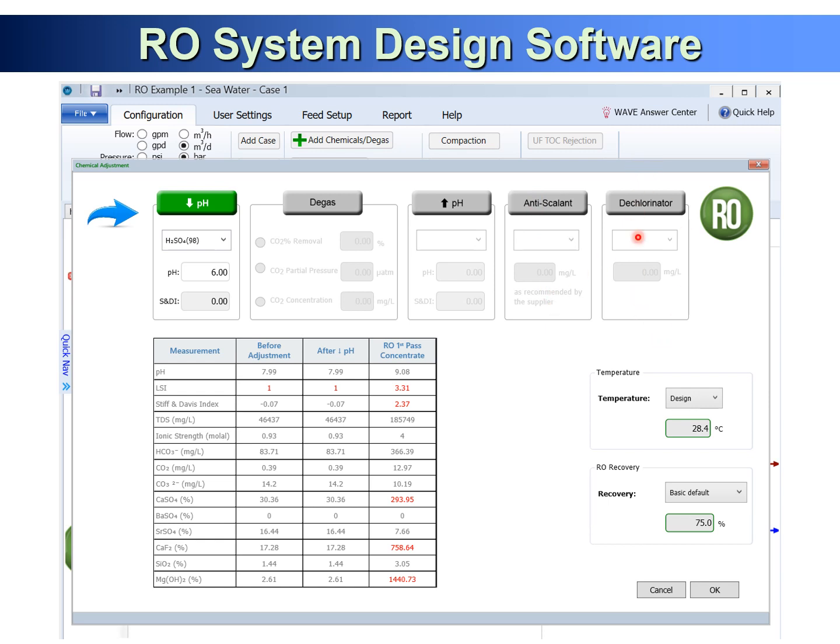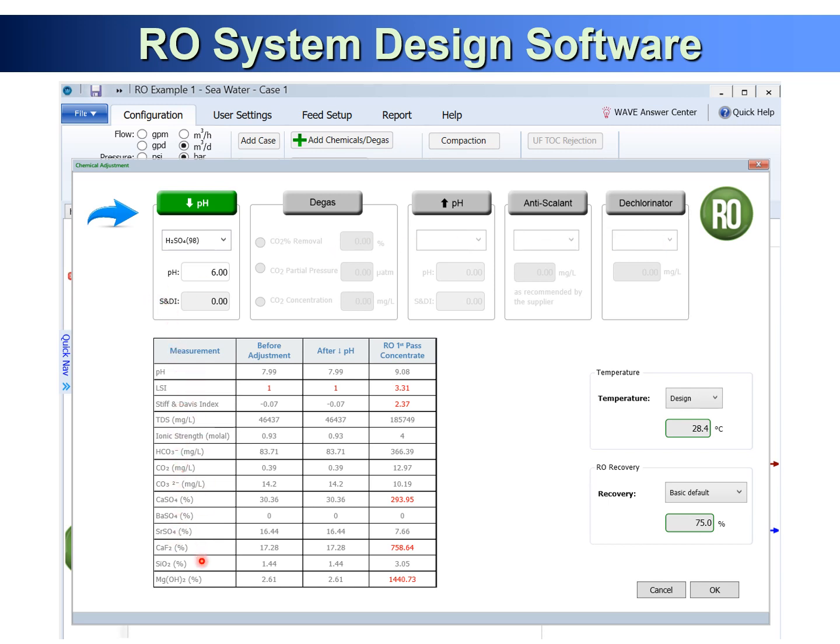Also dechlorination before the RO membrane: we have to remove the active chlorine, and for dechlorination, SBS, sodium bisulfite, can be added. And you can see, when you change temperature, recovery, and different water chemical doses, the detailed information.